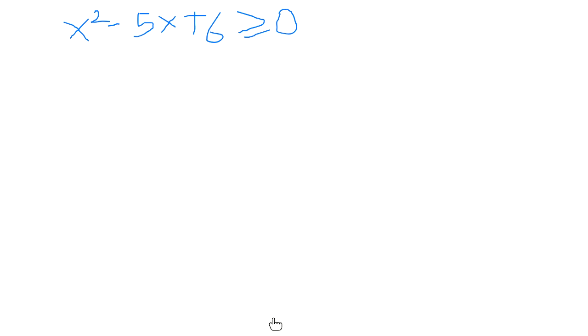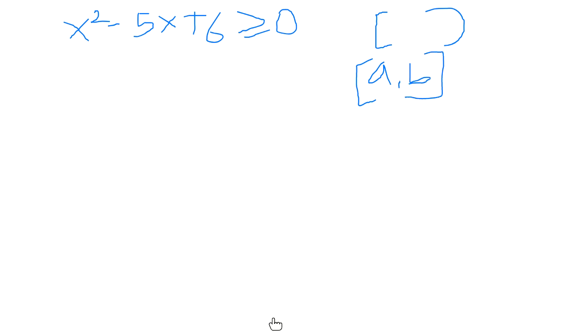Now, before we look at this, please note the difference between these signs. This is a closed interval. When we have A, comma, B, we call it a closed interval.